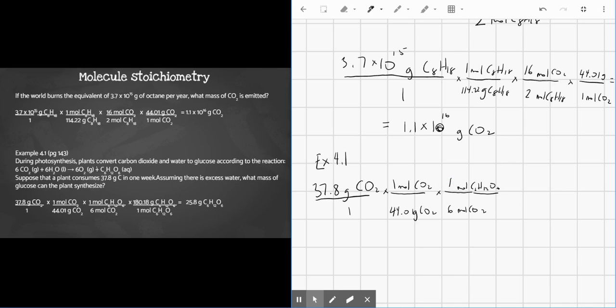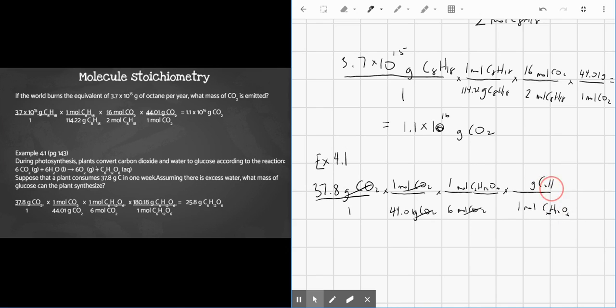And now I'm at moles of B, so I've used my molar mass here to convert it to moles. I've used the mole ratio to change it to moles of B, and the last step would be moles of B to grams of B, and I do that by multiplying by the molar mass because I need moles on the bottom and grams on the top to get to my final answer.